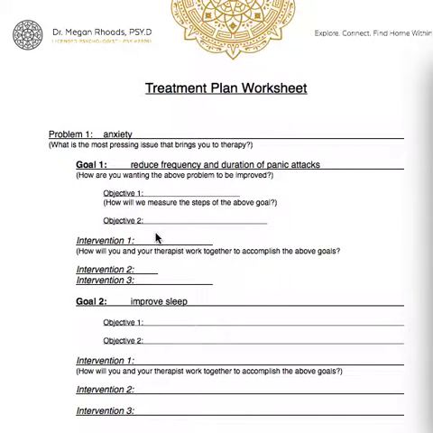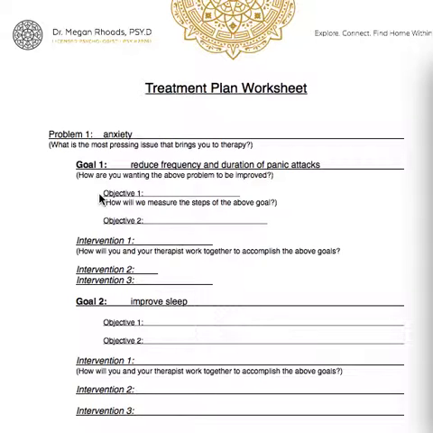Next, we're going to identify the objectives, and these should be measurable behaviors, so something that we would be able to see you do that are reasonable for you to accomplish. So, for example, we don't want to aim for something like your panic attacks will occur less often because we may not be likely to control that.